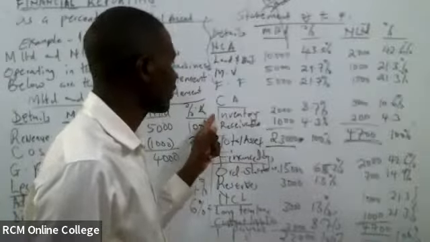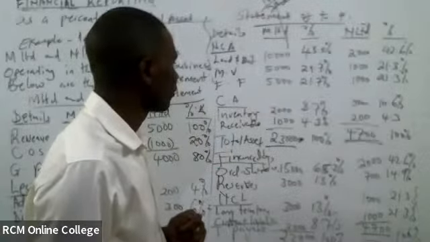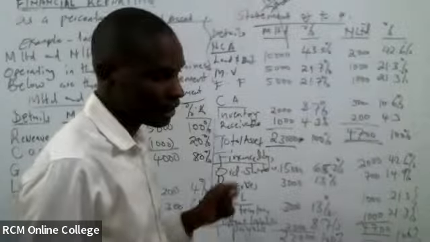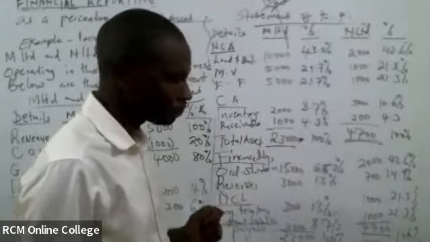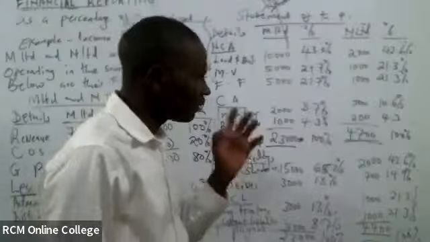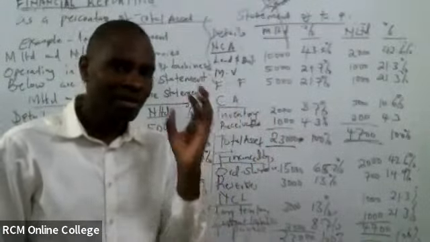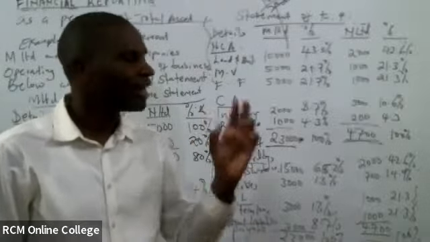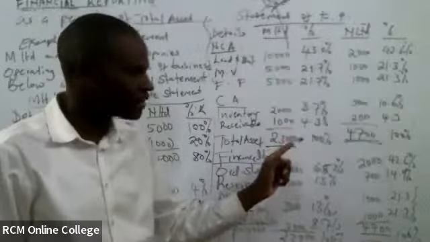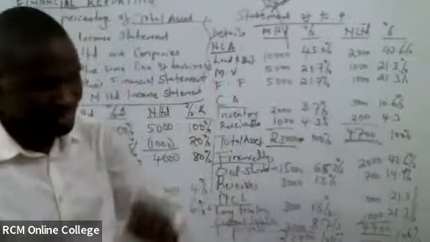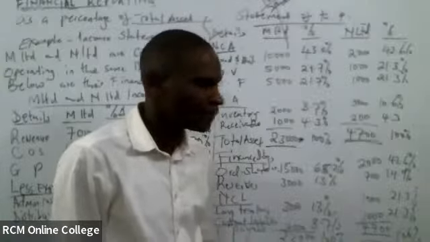If I look at inventory for my current assets, for M Limited here, inventory, 2,000. The proportion of my inventory as far as the total asset for this company is concerned is amounting to 8.7%.